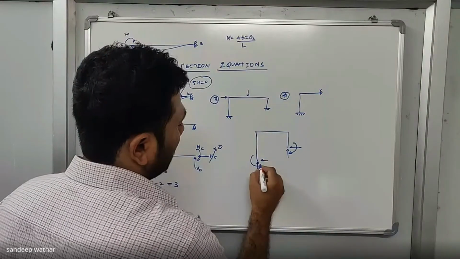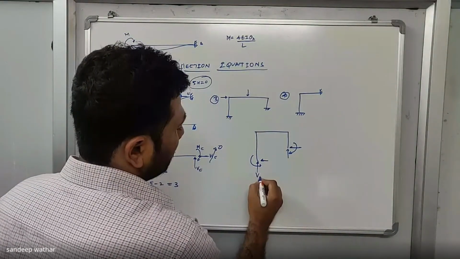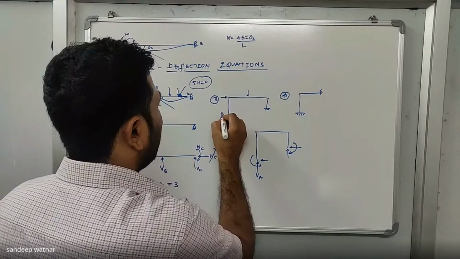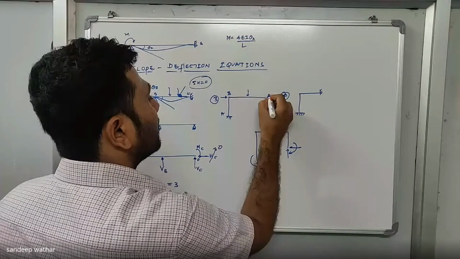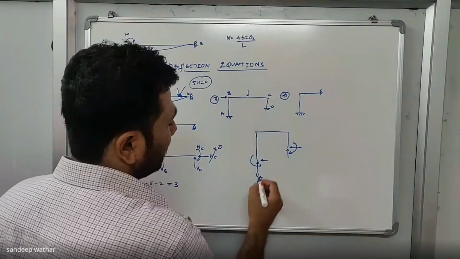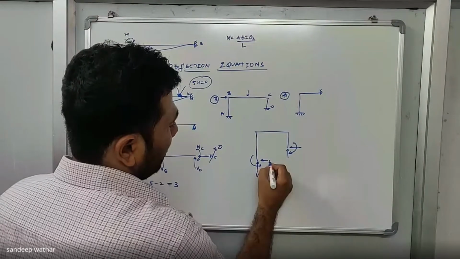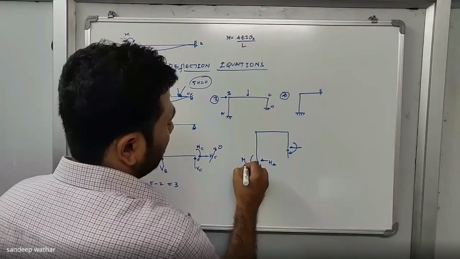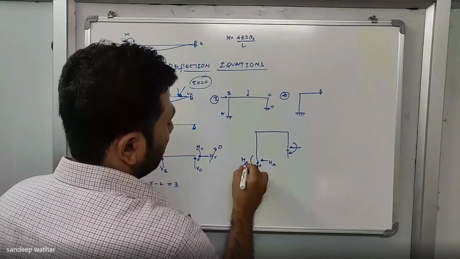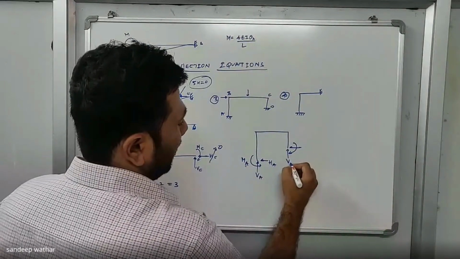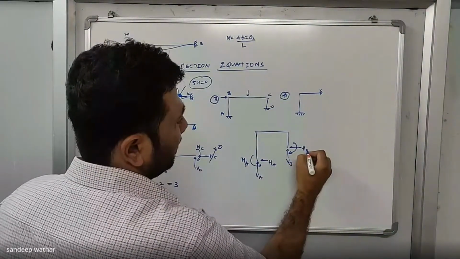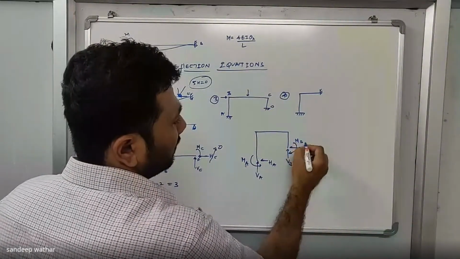Assuming like this, I'll call these A, B, C, and let me call this D. So VA, HA, MA: 3 reactions here, and VB, HB, and MB: 3 reactions here.